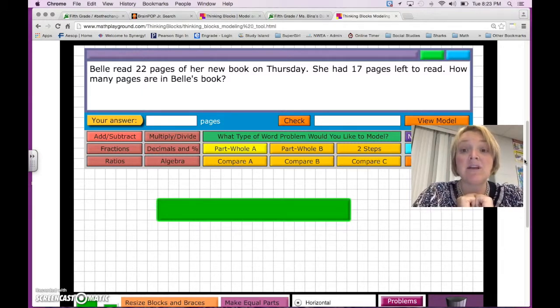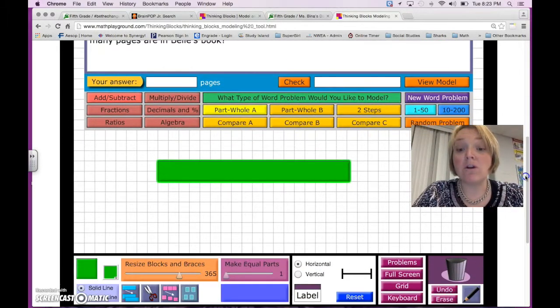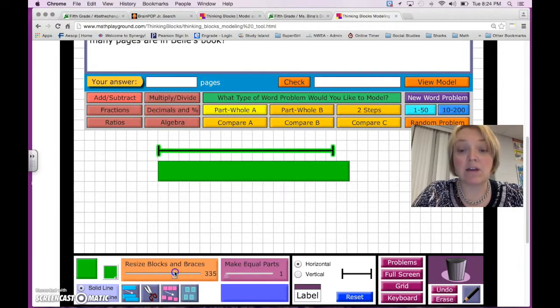And she had 17 pages left to read. That's another part of her book. Never did they tell us the whole. So we are actually looking for the whole. So we're going to take our little ticker here and resize it by going down here and lining it up. And we're going to label this with a question mark. We don't know how many pages are in her book.